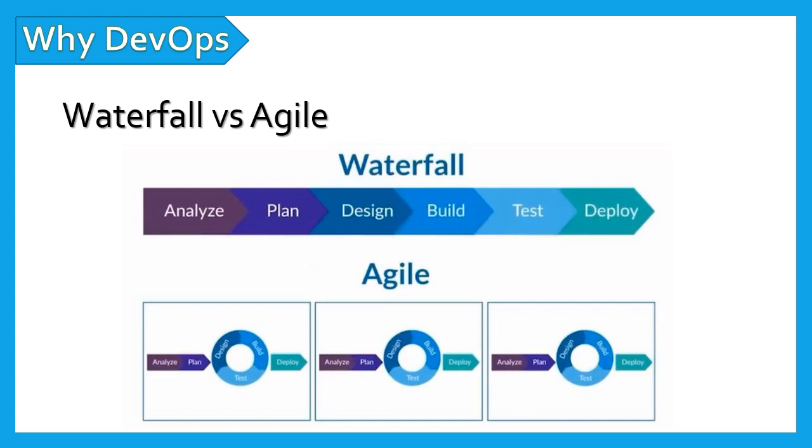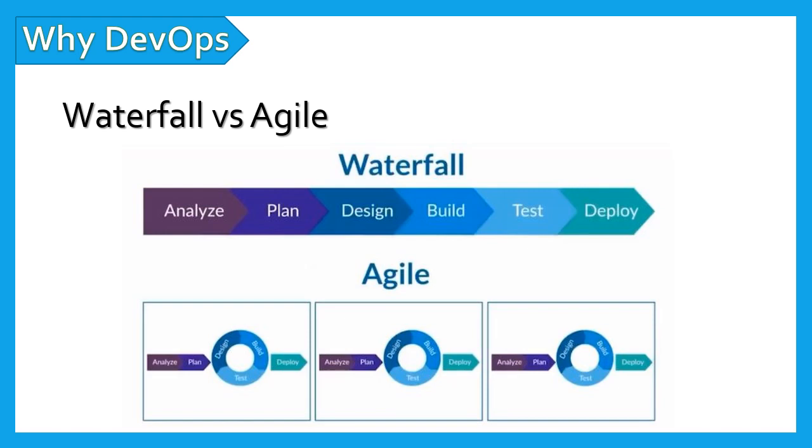But when I talk about the Agile methodology, here the design, build and testing part is happening continuously. We are writing the code, we are building the application, we are testing it continuously, and there are several iterations involved in this particular stage.